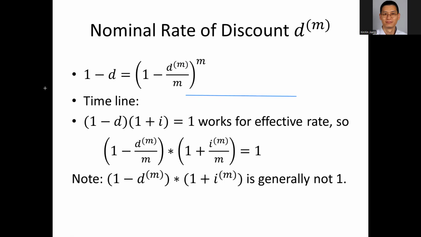Say we have 1 year, starting from one. 1 year equals m time periods. So m periods.